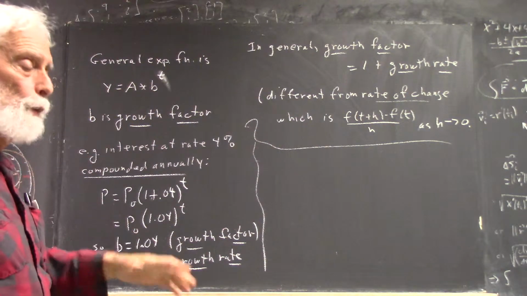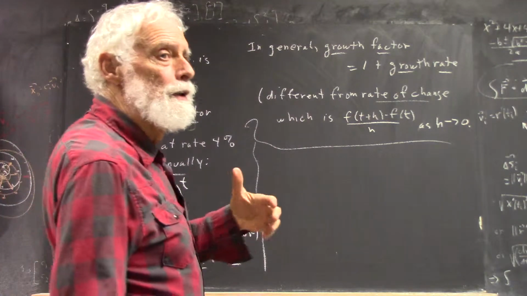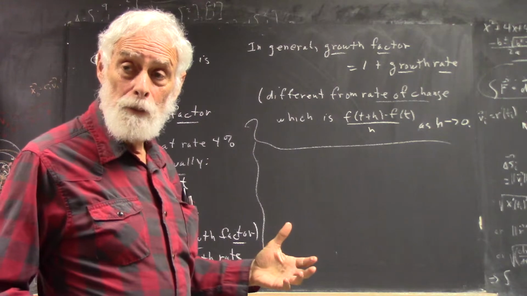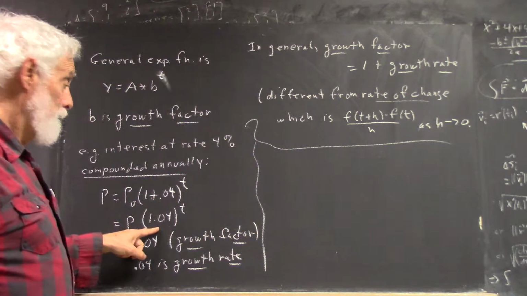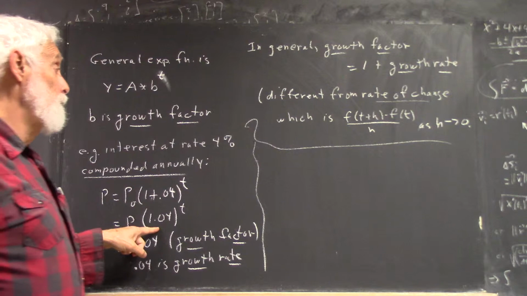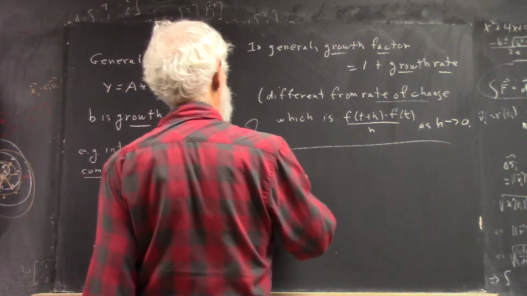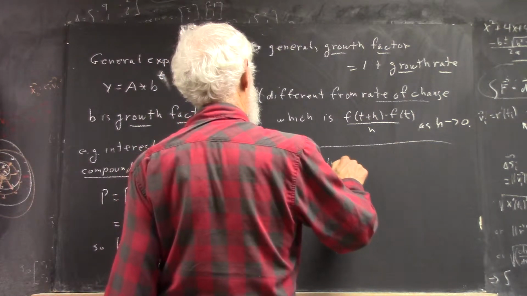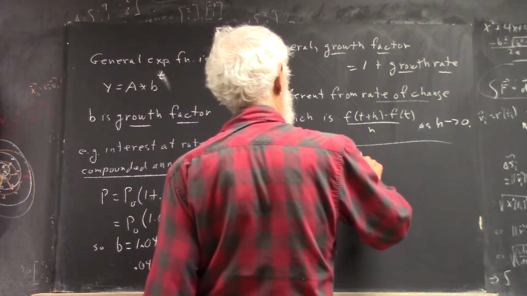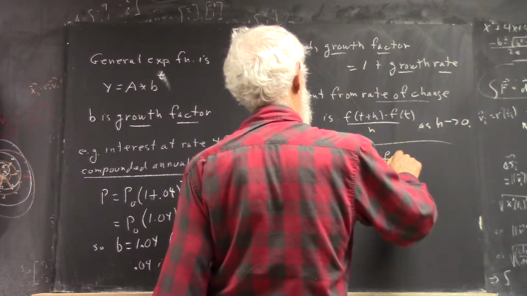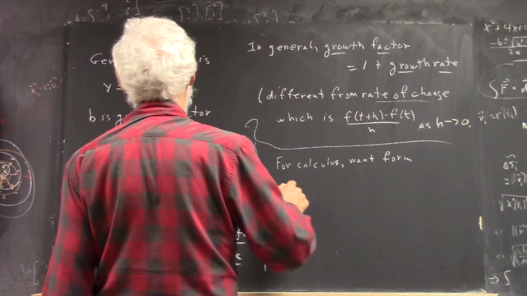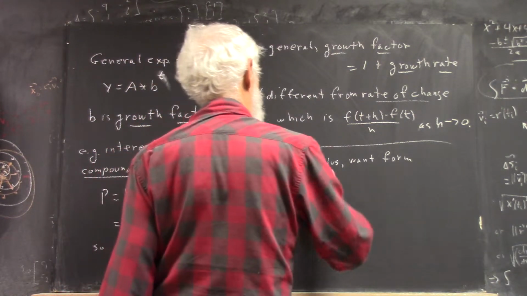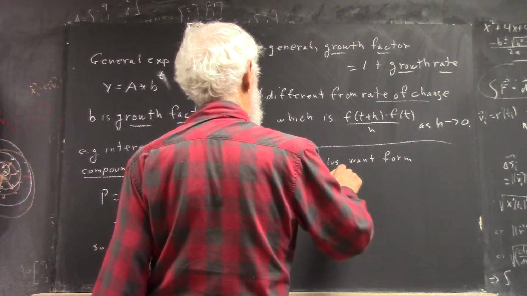When you do mathematics at the level of calculus, you don't want to be doing calculus on this function. You want the form a e to the kx.